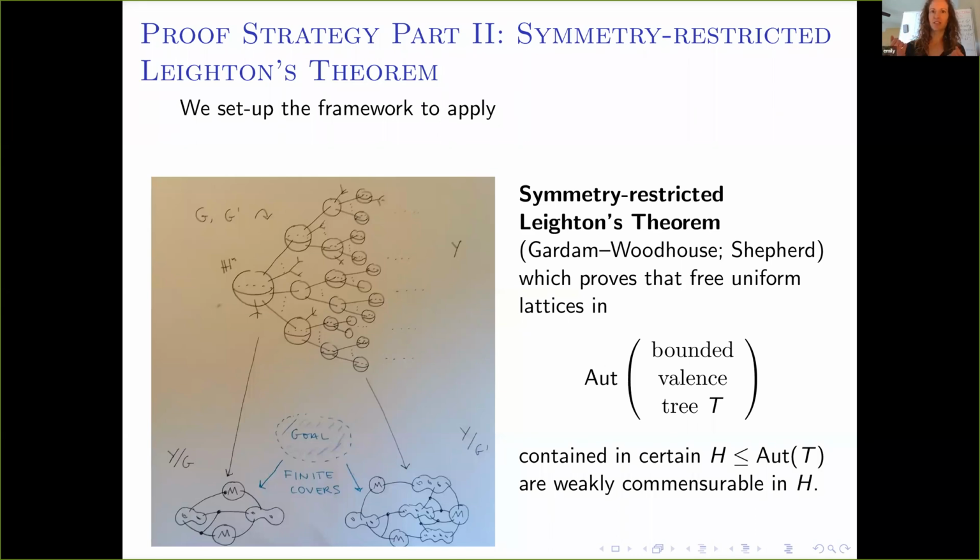That's one example. So symmetry restricted Leighton's theorem recovers the result that if you have two colored graphs with isomorphic colored universal covers, then they have isomorphic colored finite sheeted covers.